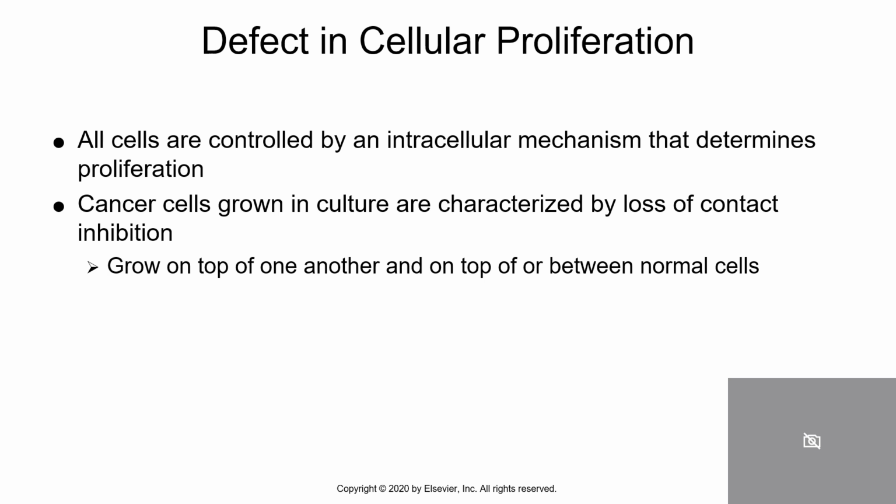Okay, so those mechanisms that are controlling that are what determine whether proliferation occurs and the rate of proliferation, so on and so forth. But with cancer, there's a defect in that cellular proliferation. And so, whereas normal cells can respect their boundaries, they are not going to go invading territories that aren't their own.